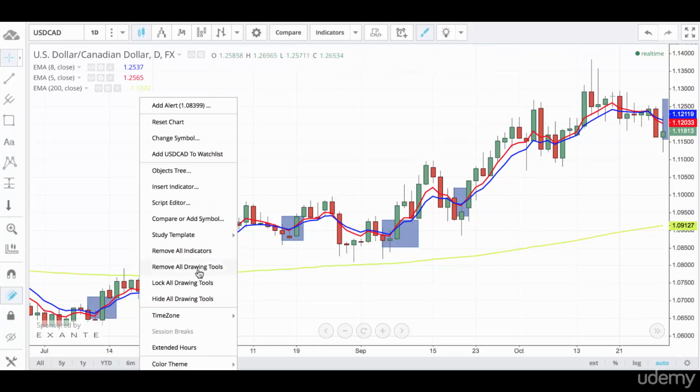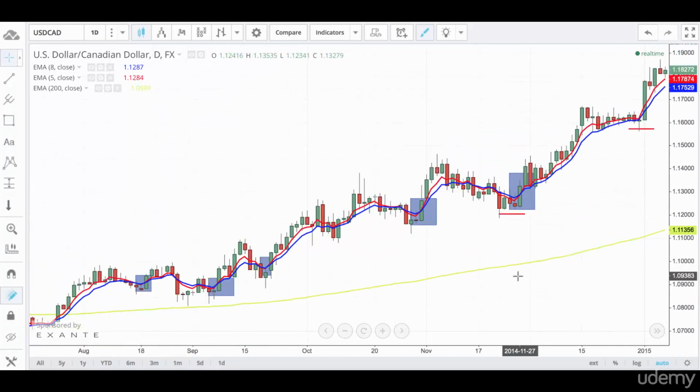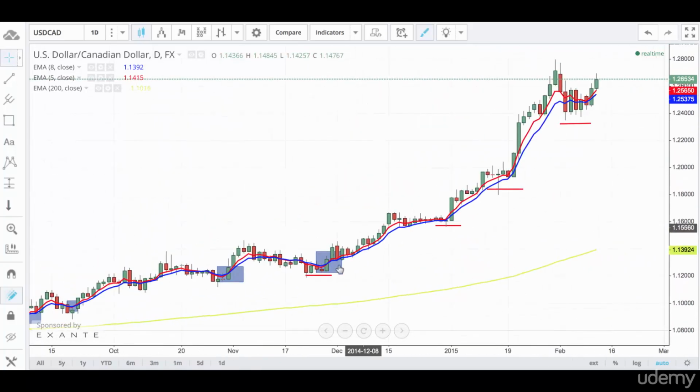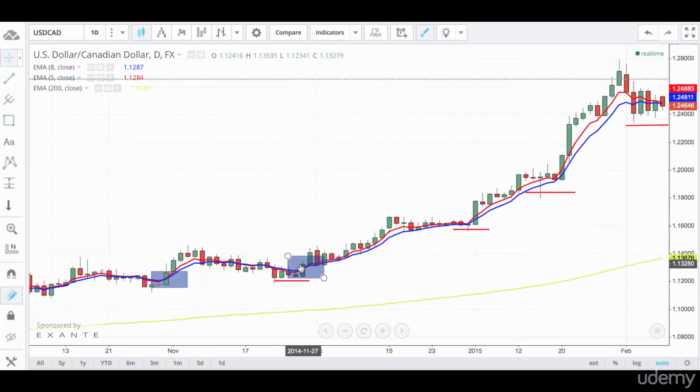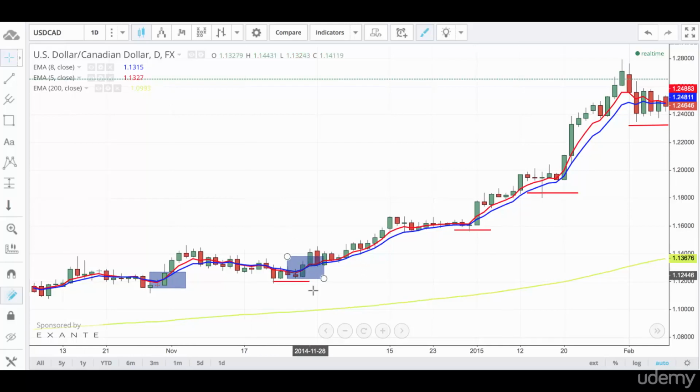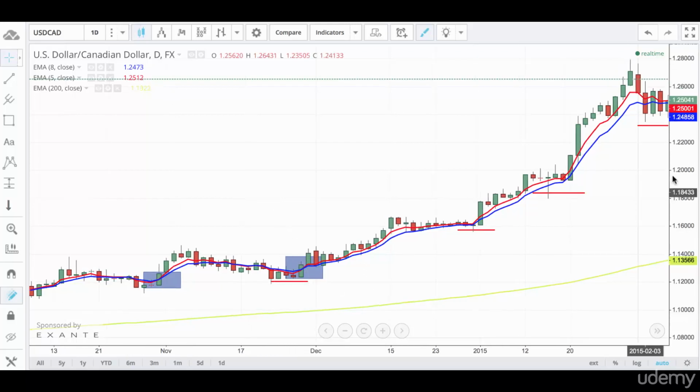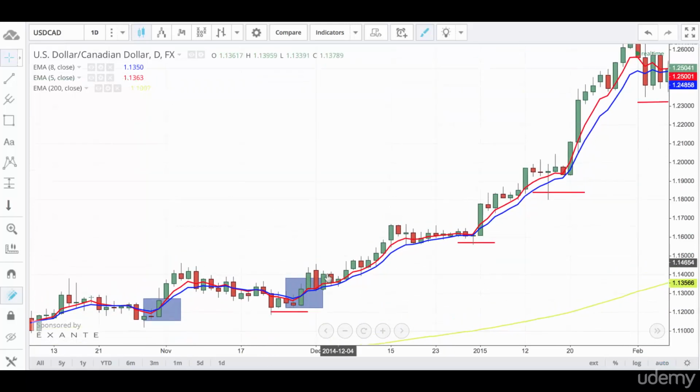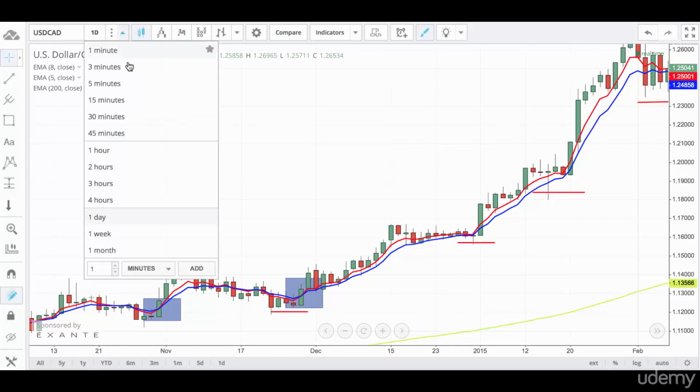Okay, so that's pretty much enough, but let's concentrate our attention on the latest one, which is here in late November 2014. So we have the daily time frame. As I said, what I'm looking for is a crossover on the daily time frame. Then I'm going down to 4 hours.